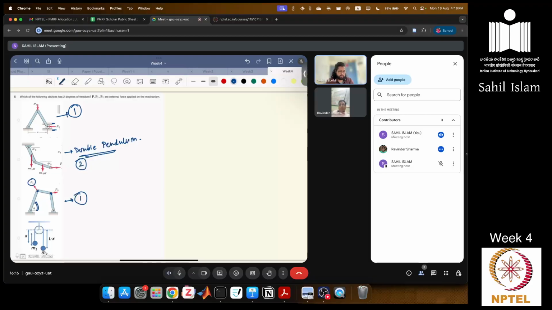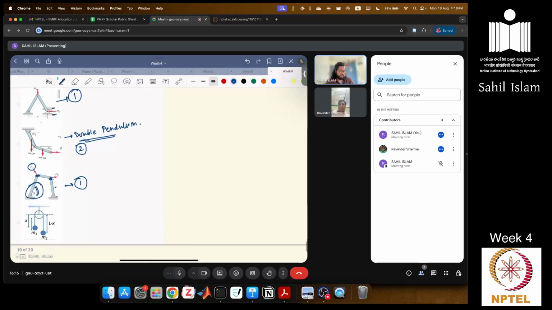You can define the positions of p1 and p2 based on this theta only. And the last one is very simple. No matter whichever mass moves and whichever mass is higher, just this length will change. Now if you know x, you know L minus x, and you can have everything else.